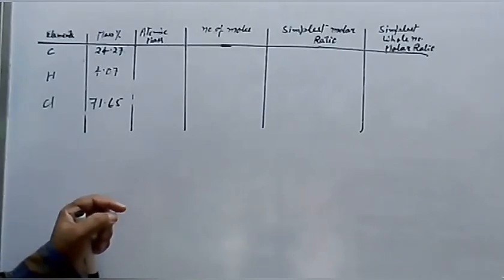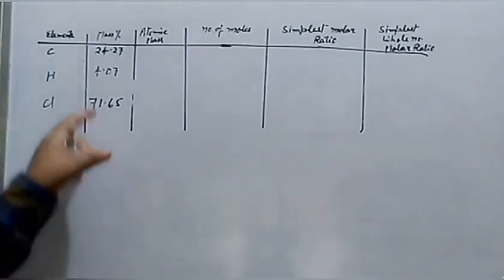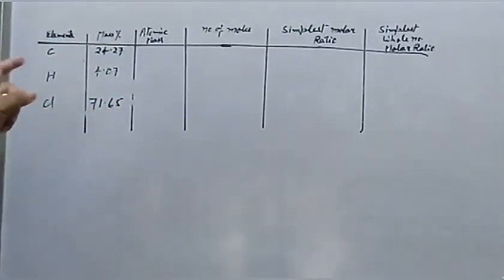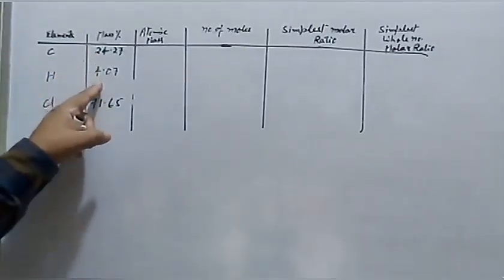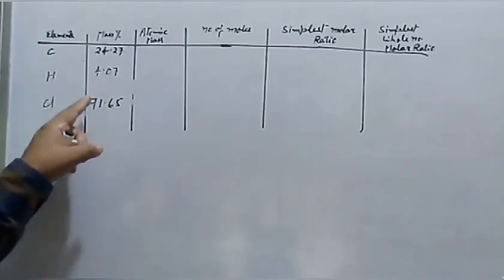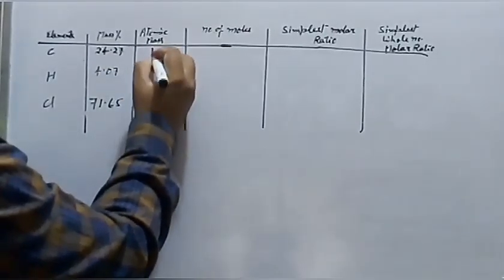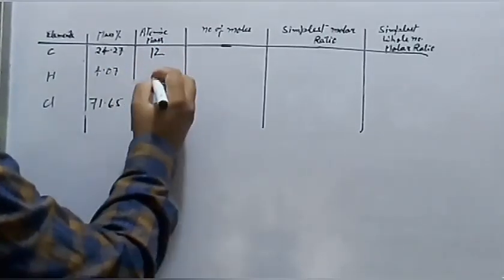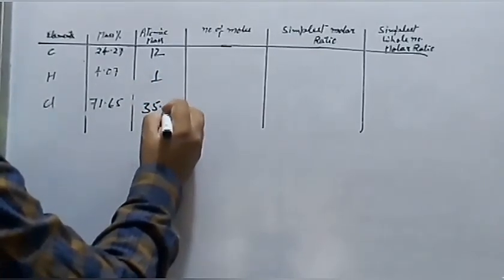Calculate its molecular formula. So this information is given. Only 3 elements are given, and mass percentage is given in the numerical. We know the atomic masses of these elements: 12, 1 and 35.5.